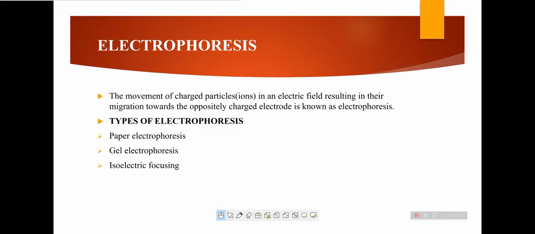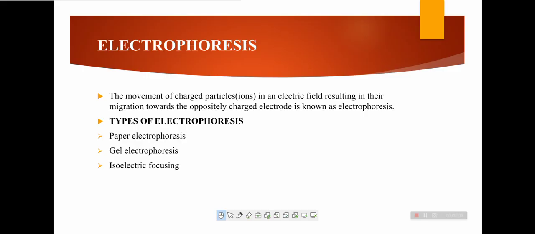The movement of charged particles in an electric field results in the migration or movement of the ions to the oppositely charged electrode. This process in which the ions migrate and thus they are separated from other elements is known as electrophoresis.